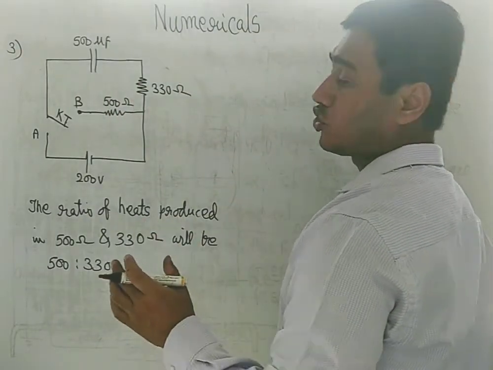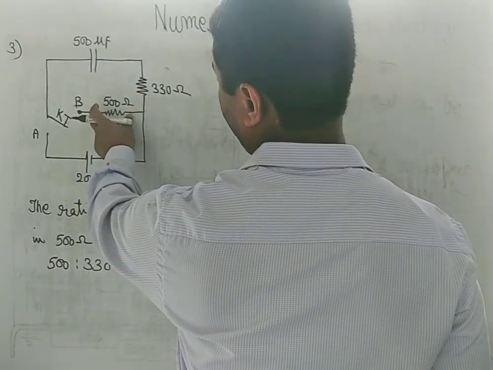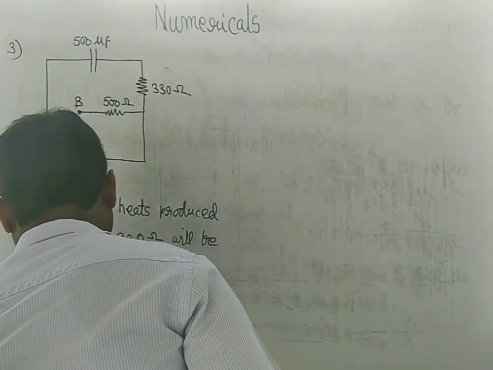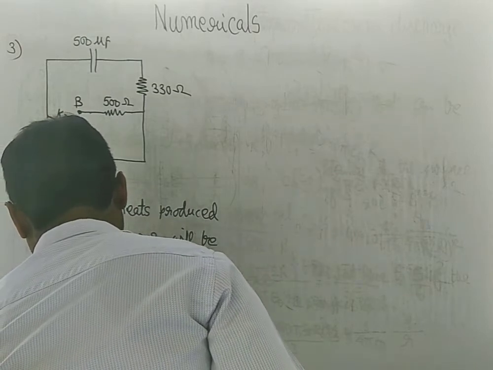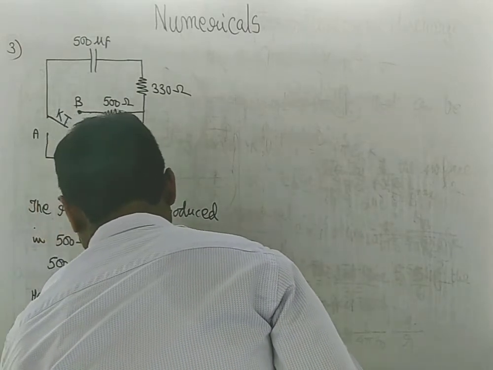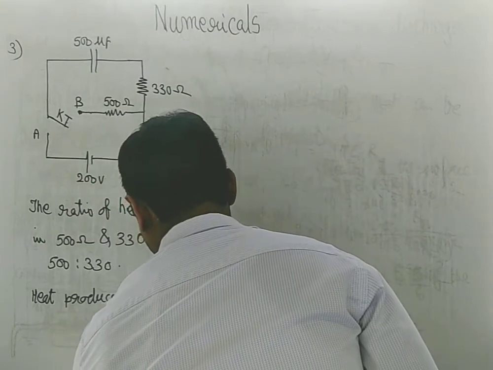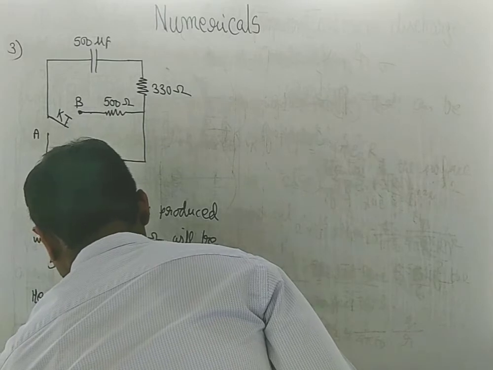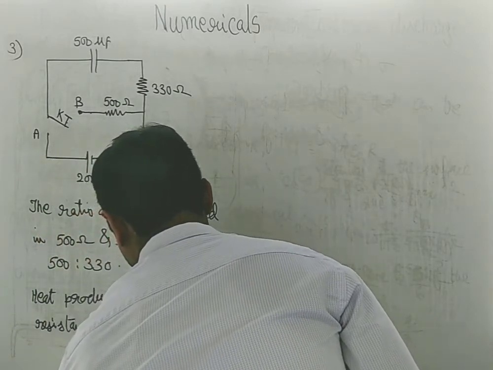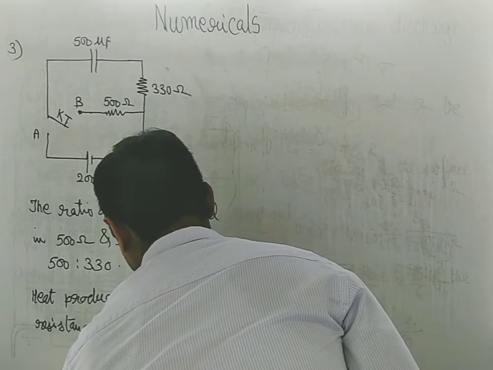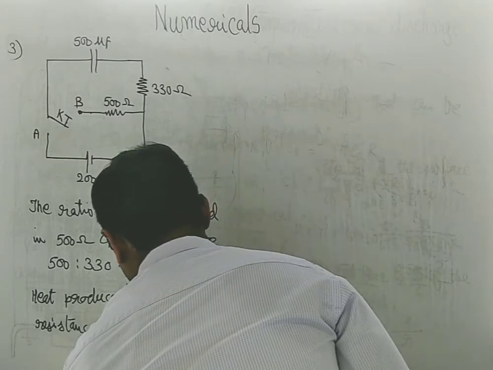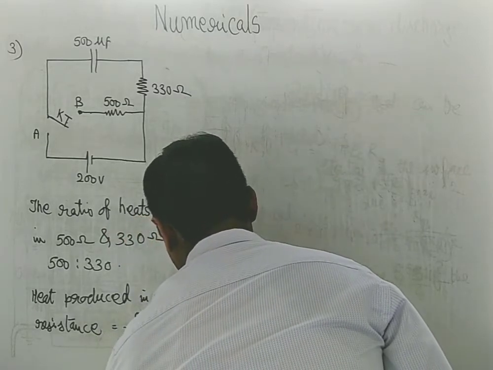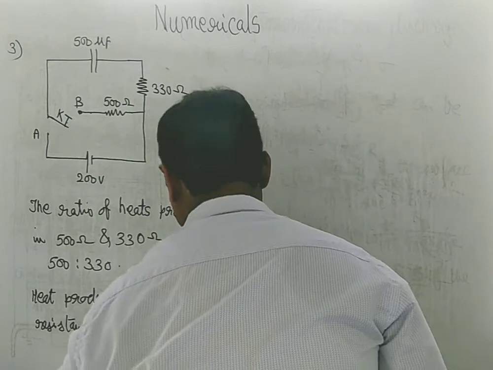Now we can talk of heat produced around this 500 ohm resistor. So heat produced in the 500 ohm resistance is equals to this ratio, 500 upon the sum 500 plus 330, into the total energy, half CV square.